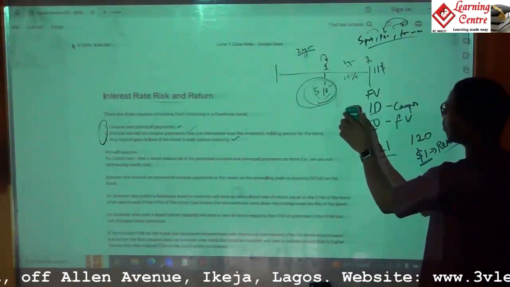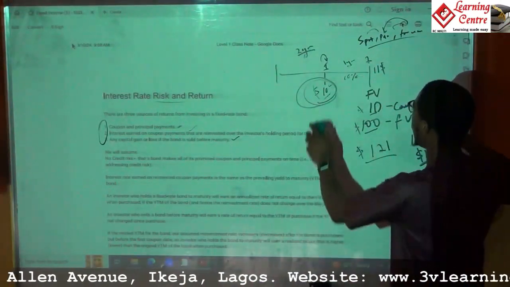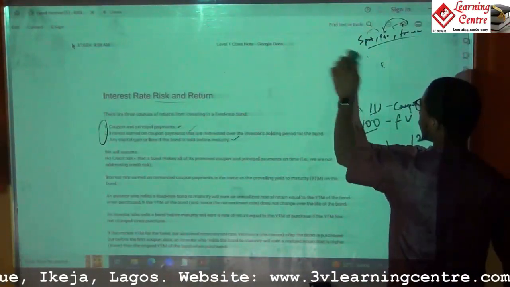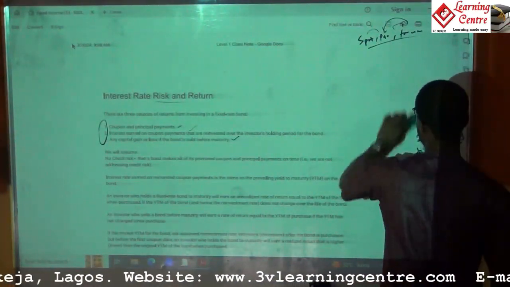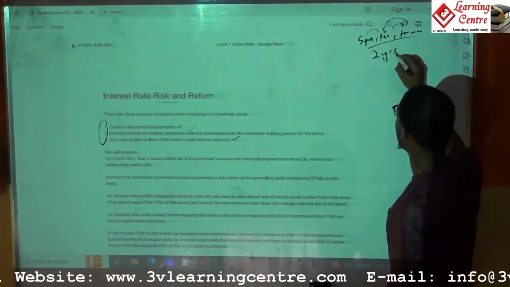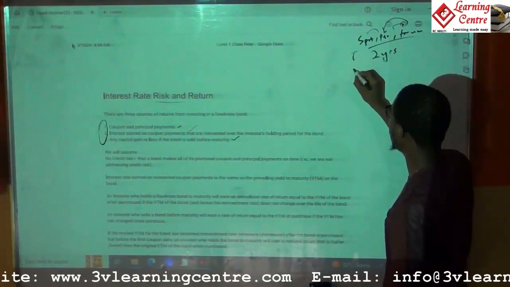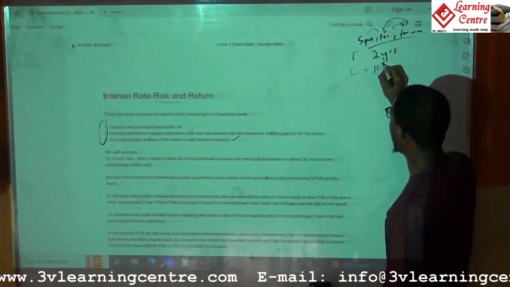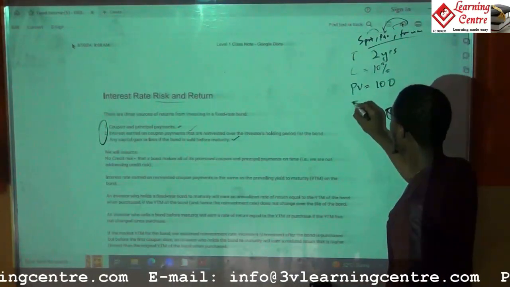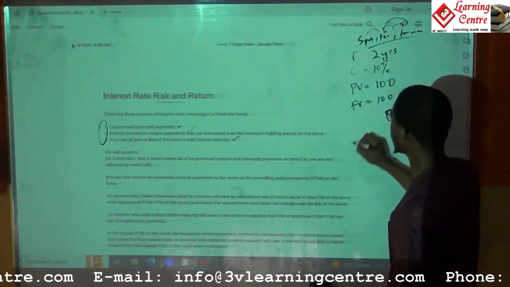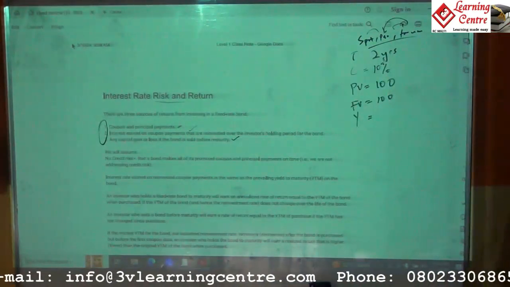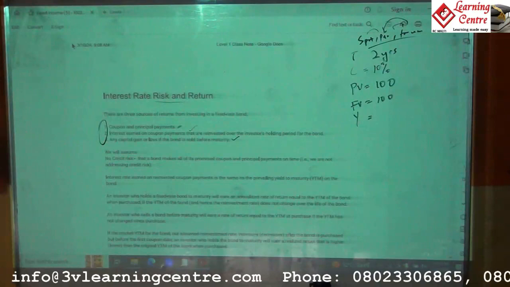Let's take for example this case whereby I have a 2-year instrument, tenor is 2 years, coupon is 10%, PV is 100, FV is 100. Who can tell me what will be the yield of this instrument?